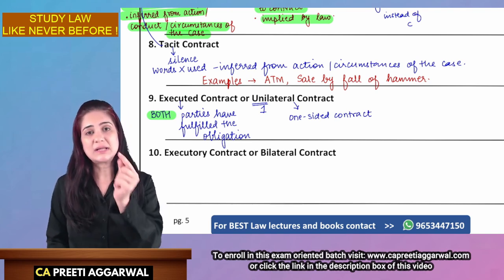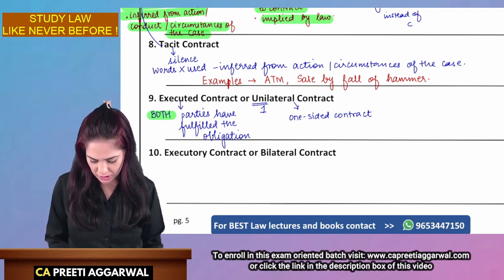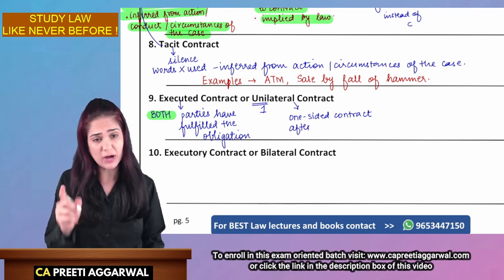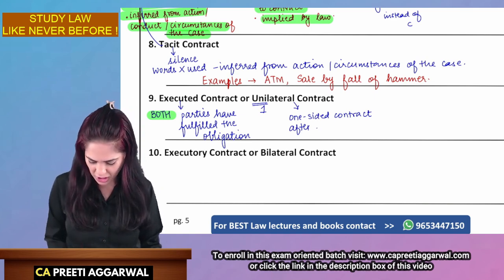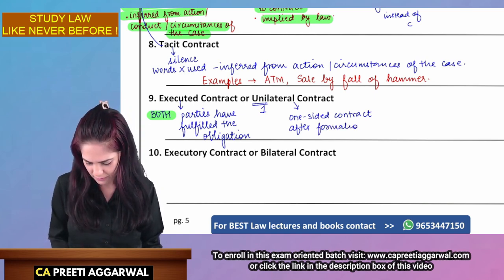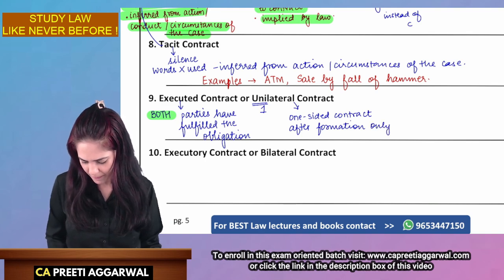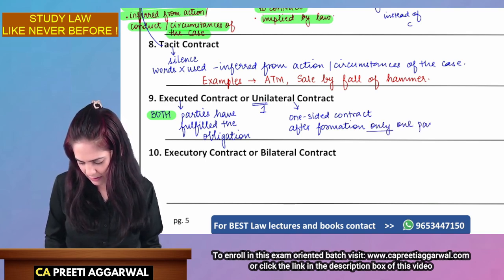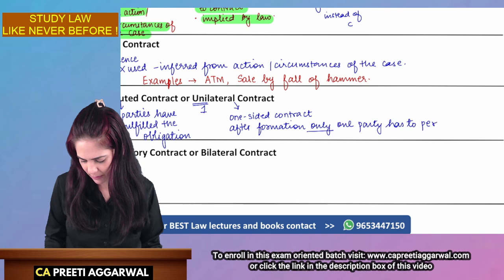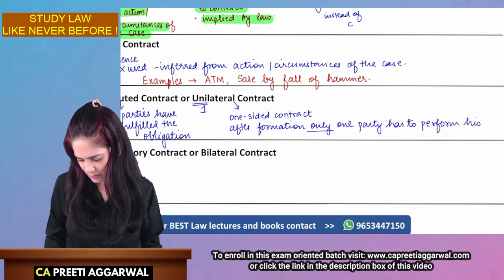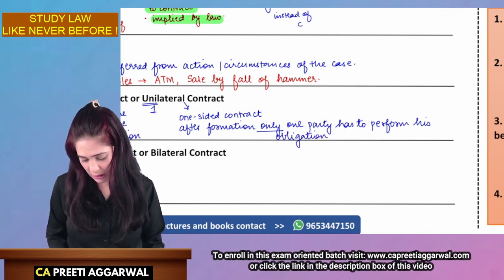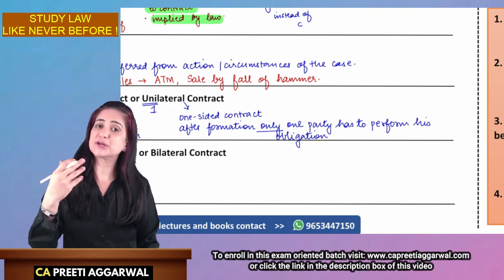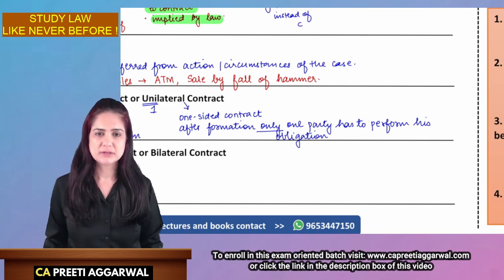Okay, it's a one-sided contract in which after formation, you have to mention this in your answer, only one party has to perform his obligation. Other party has already performed his obligation before the formation of contract.